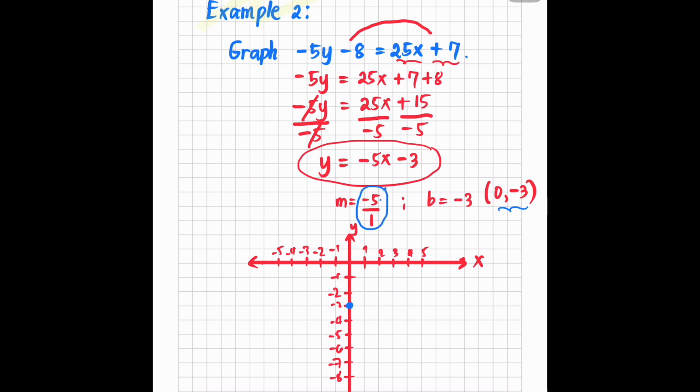So from the y-intercept, we go down 5 units. 1, 2, 3, 4, 5. And you stop there and then 1 to the right. So this is the second point. Then we connect the 2 points.